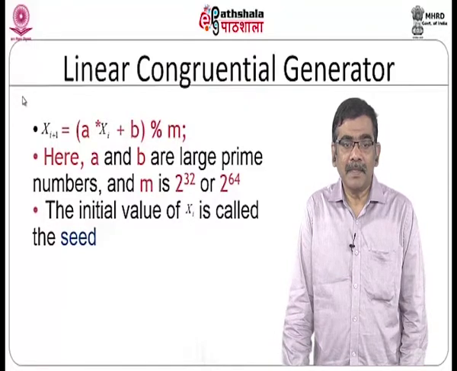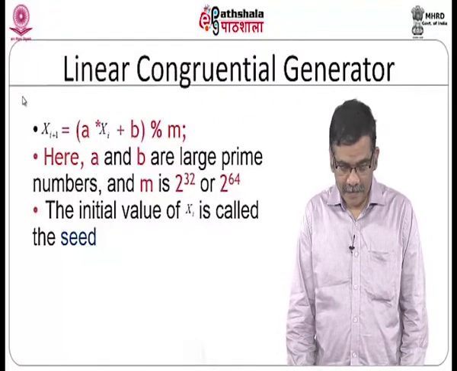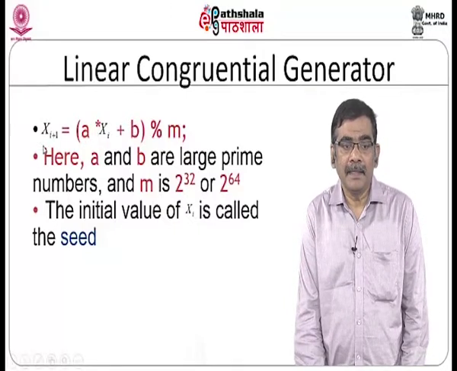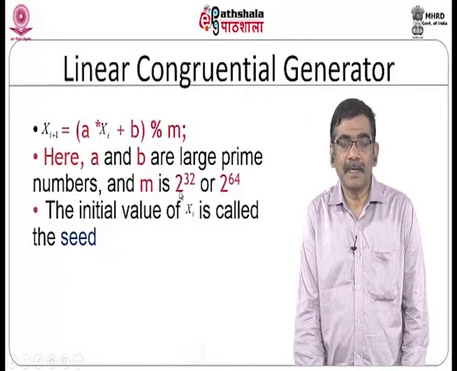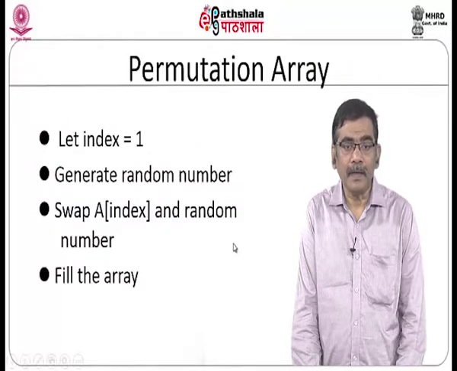Pseudo random numbers can be generated by means of the LCG algorithm, the linear congruential generator. You can see that this is the formula for generating a number. X(i+1) is generated using X(i). X0 is called the initial seed. Using this you generate the subsequent numbers. Here a and b are large prime numbers and m is something like 2^32 or 2^64.